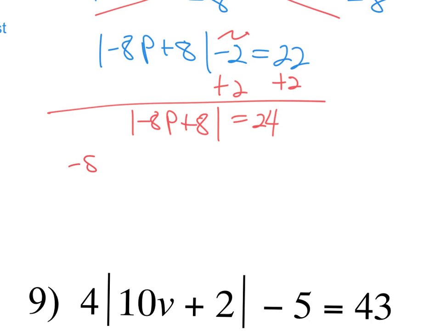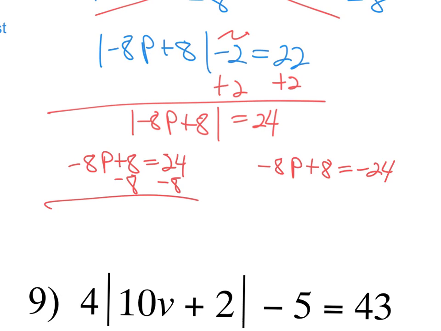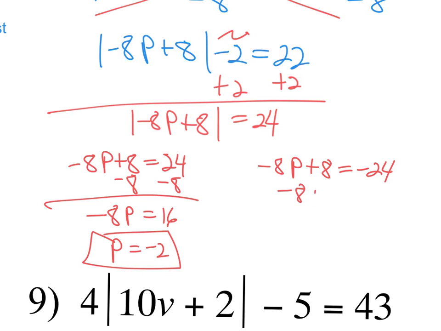So we'll get negative 8p plus 8 is equal to 24, and negative 8p plus 8 is equal to negative 24. Solving for p in both of those cases, negative 8p is equal to 16, so p is equal to negative 2. And here we'll have negative 8p is equal to negative 32, so p is equal to 4.